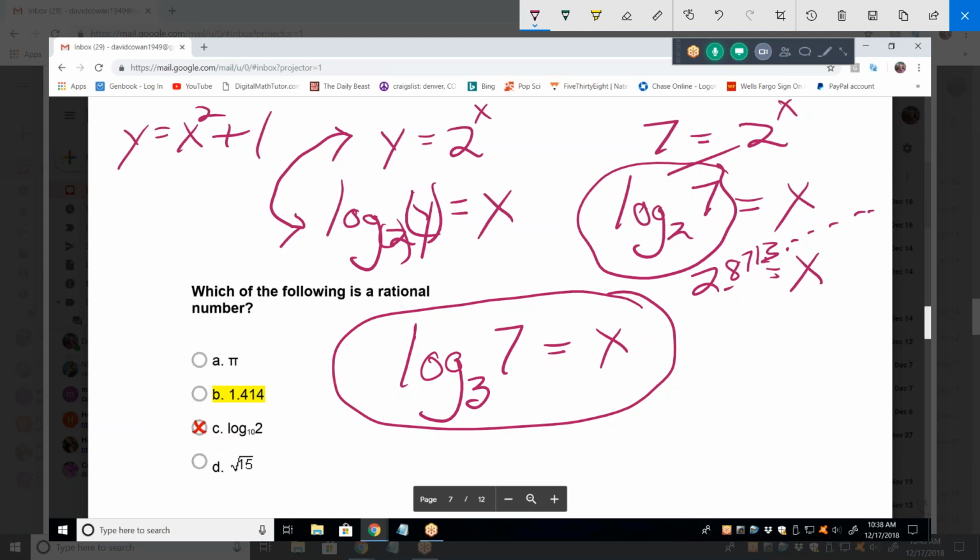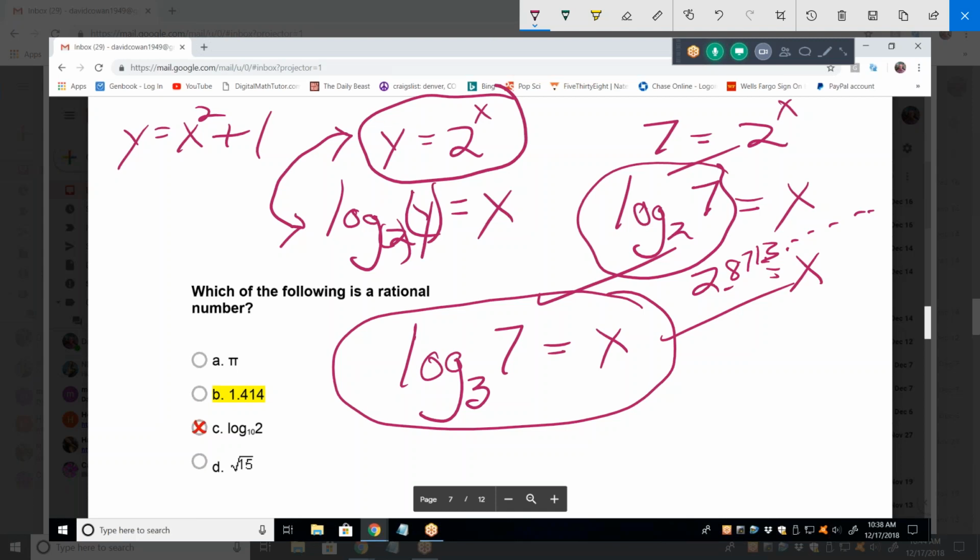But if I started off giving you that, what does that mean exponentially? In other words, you're always switching back and forth between an exponential expression and a logarithmic expression. That's all logs are. So it's just another way to express an exponential expression. So this one down here, how would I express that exponentially?